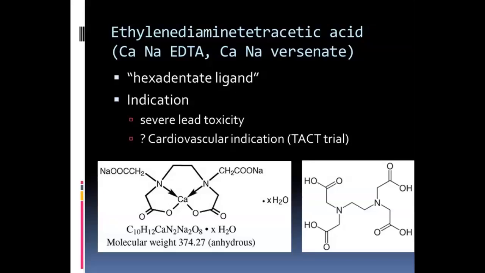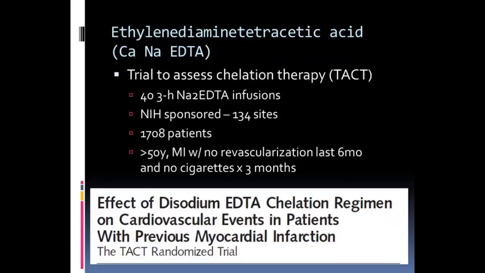and that is this thing called the TACT trial, which looked at could we chelate with disodium EDTA patients who have high risk for myocardial infarction, and could we decrease their rate? The idea here is that it would bind all that calcium in those atherosclerotic plaques and decrease their risk of getting worsening cardiovascular disease.